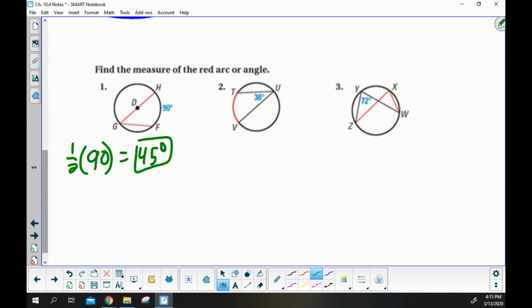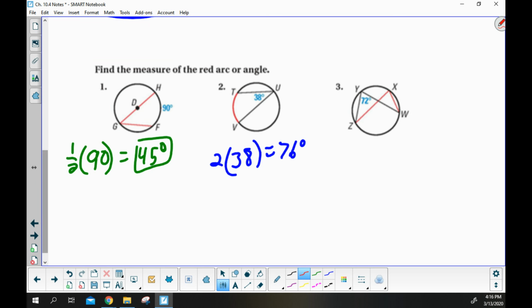All right. And then we look at the second one. It gives us the angle TUV, and it wants to know what is the arc TV. Well, if that's 38, we know that the arc is double the angle. So in this case, 76 degrees. And then in my last one, we have angle ZYW, and we're looking for angle ZXW.